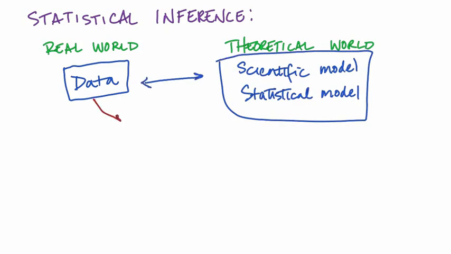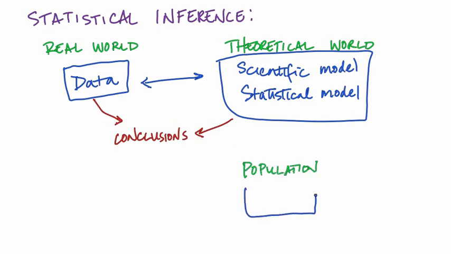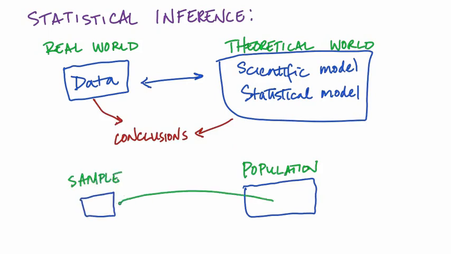We use the data from the real world in conjunction with the models we've devised in the theoretical world in order to make conclusions. Sometimes we think of the theoretical world as a population, from which we've observed a sample to get our data, and the goal is to make our inferences about the population based on that sample.